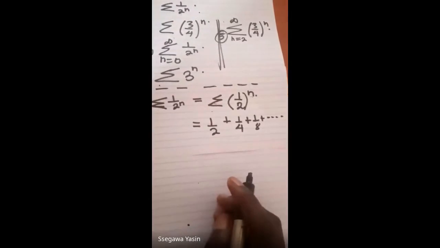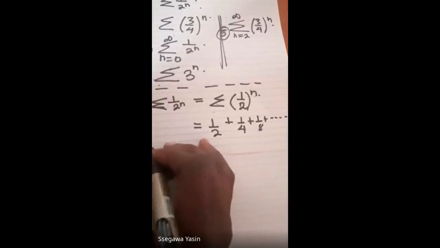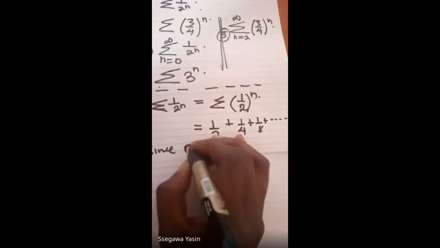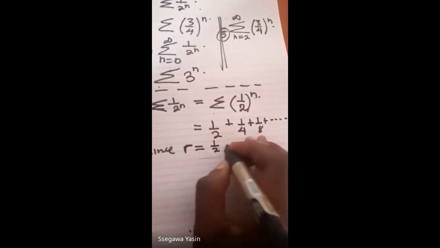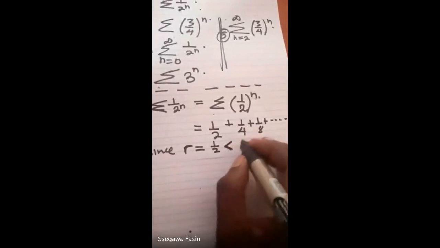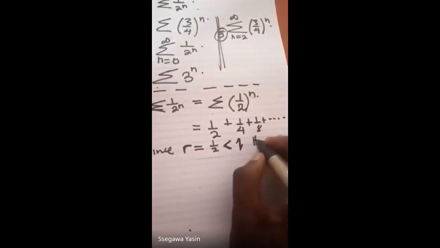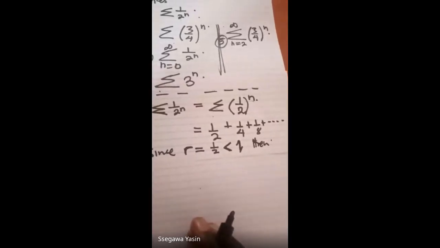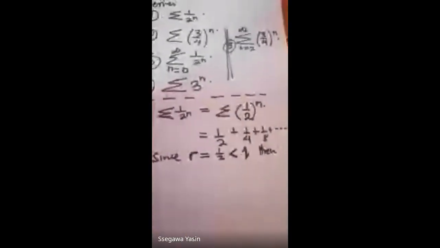When you check here, since r equals a half, which is less than 1, remember we have said, we have been specific: you pick the formula, you confirm that it is a GP, you find that r is less than 1, then that is enough to confirm that it converges.